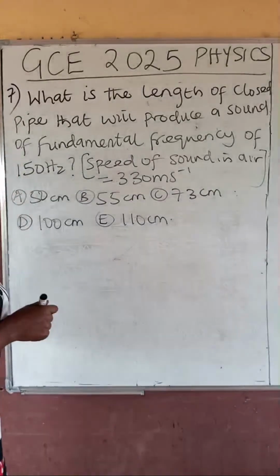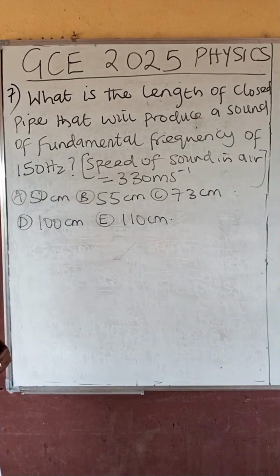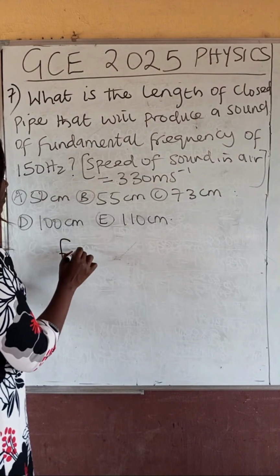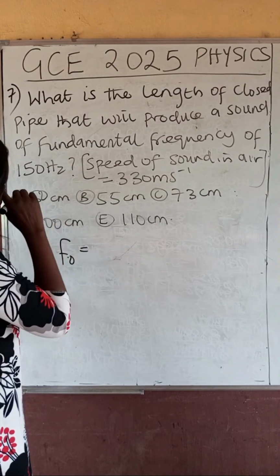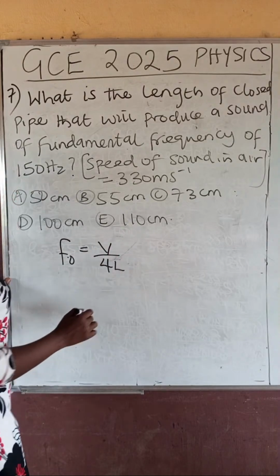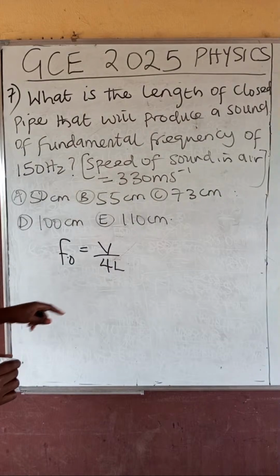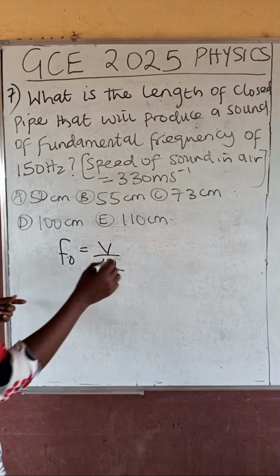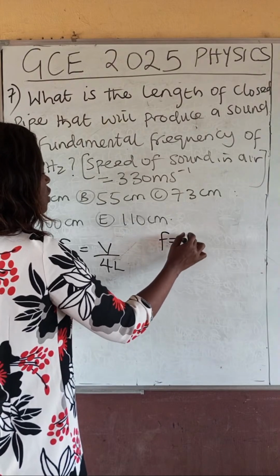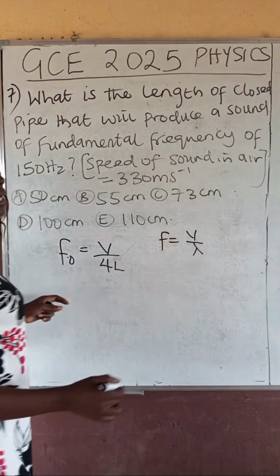And the fundamental frequency of a closed pipe, F naught, is given by V over 4L, right? Remember, from the speed of sound, F is equal to V over lambda.